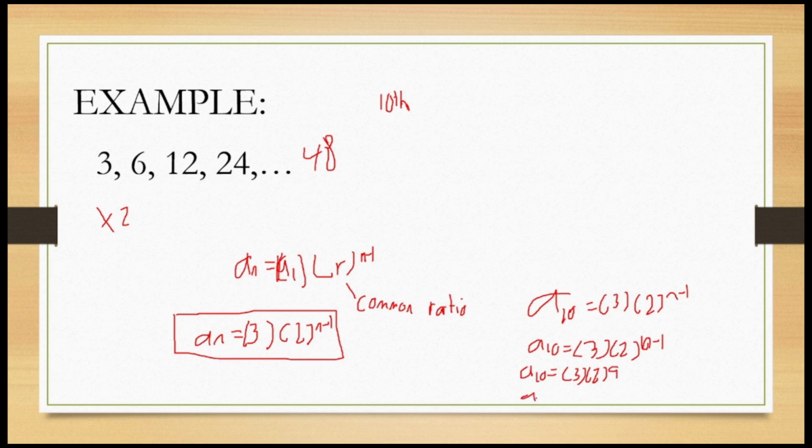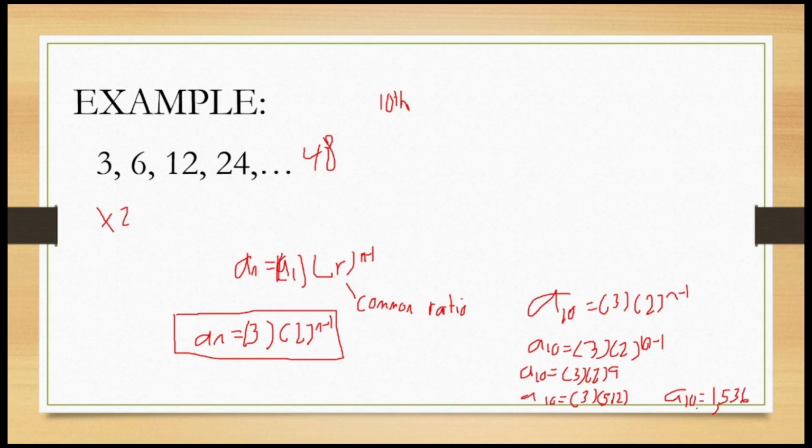So a10 equals 3 times 512, and 3 times 512 is equal to 1536.